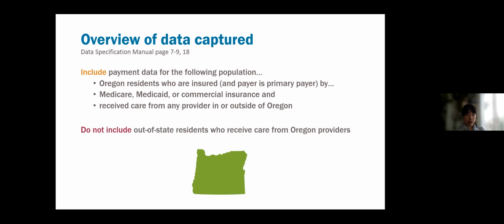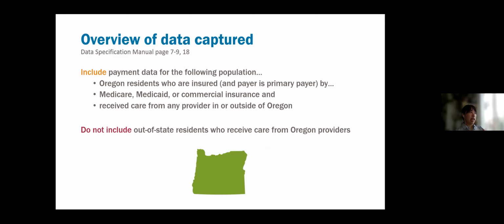So that's at a high level the data this program is going to be looking at. As a data submitter, you're thinking, okay, TME, these are the costs. So whose costs are we including in this? This is payment data for the following populations. It's only Oregon residents who are insured through your payer organization, and where you are the primary payer.